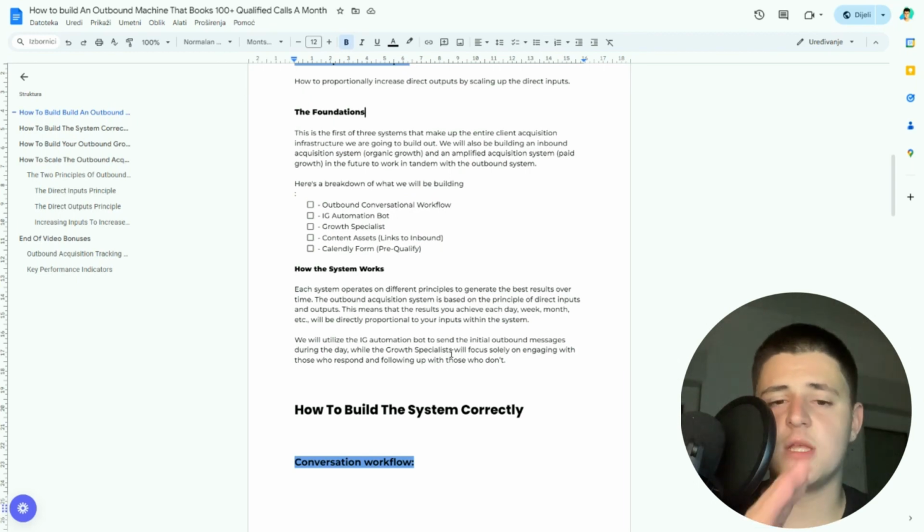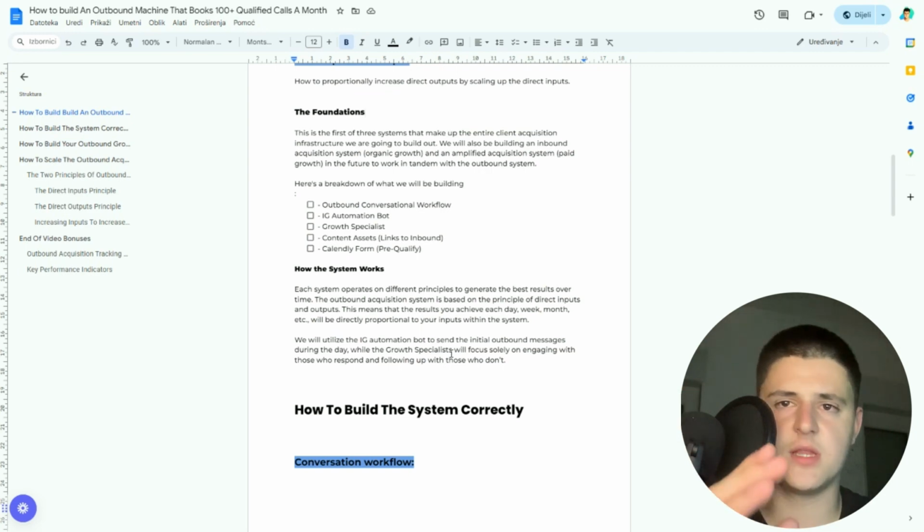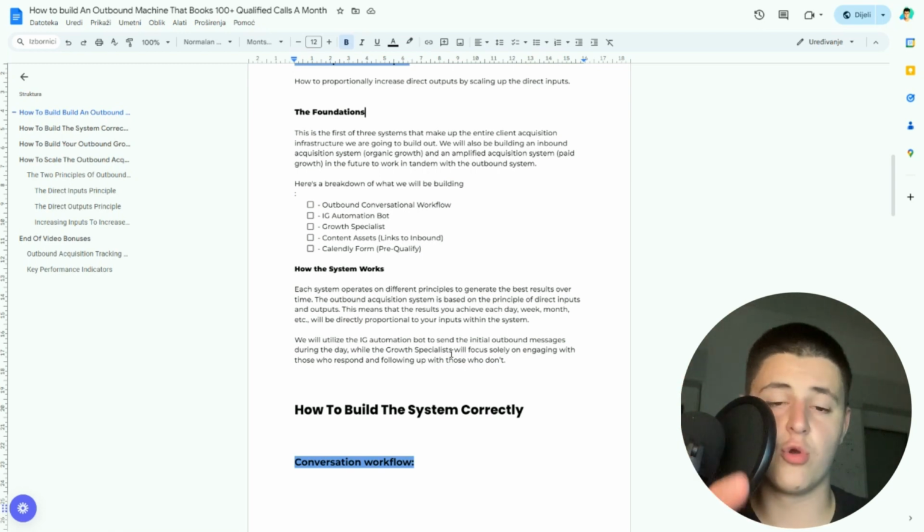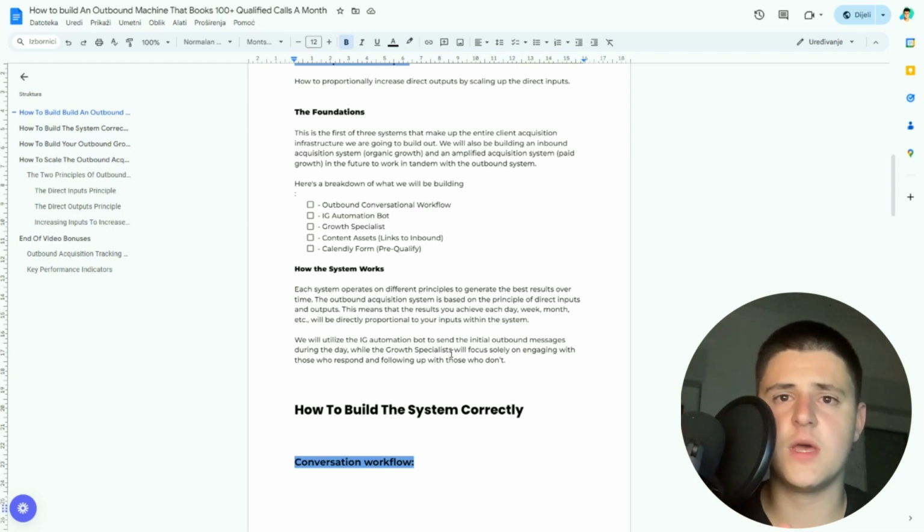So you need to put in the work to actually make this work. We'll utilize the IG automation bot to send the initial outbound messages during the day, while your growth specialist, or you, if you don't have much money to hire a growth specialist, will focus solely on engaging with those who respond and following up with those who don't.